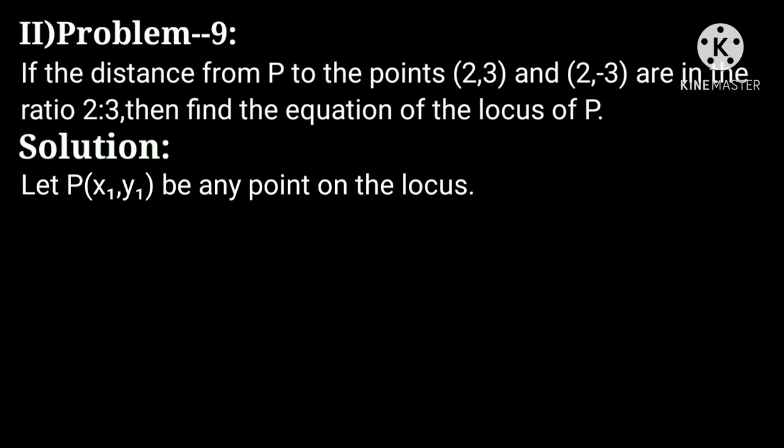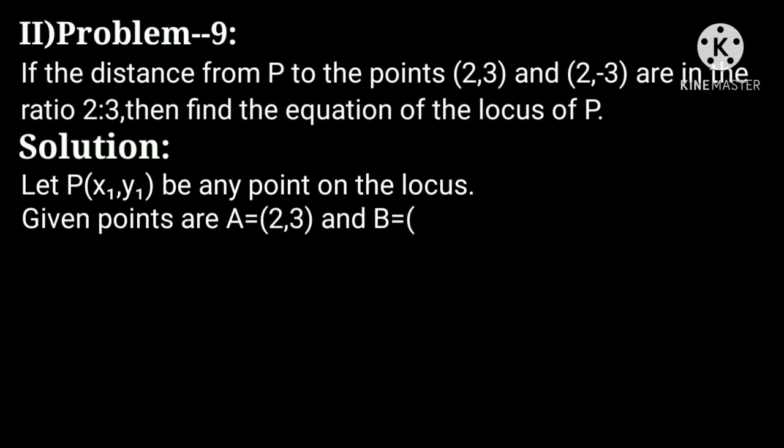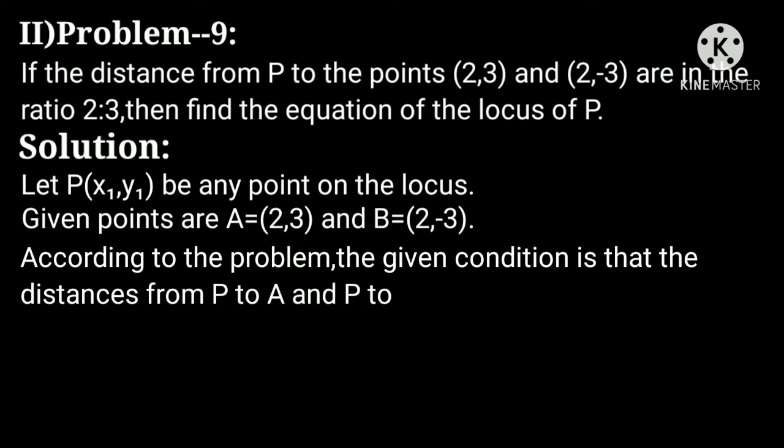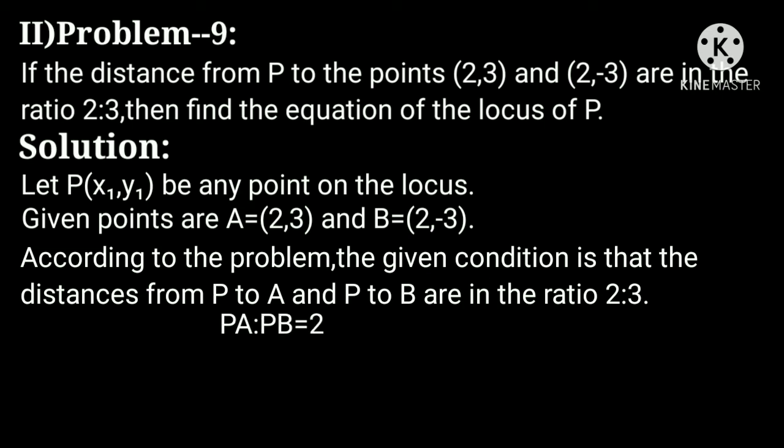Let us assume that the given points are A = (2, 3) and B = (2, -3). According to the problem, the given condition is that the distances from P to A and P to B are in the ratio 2:3. That is, the equation written in mathematical form: PA:PB = 2:3.